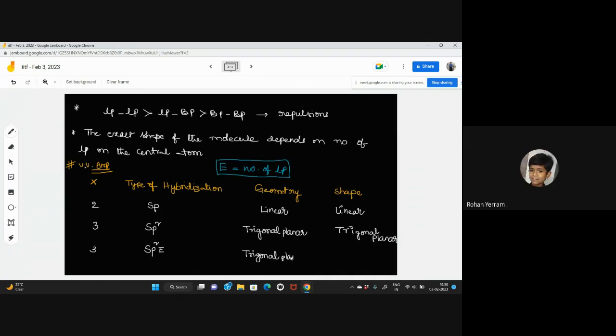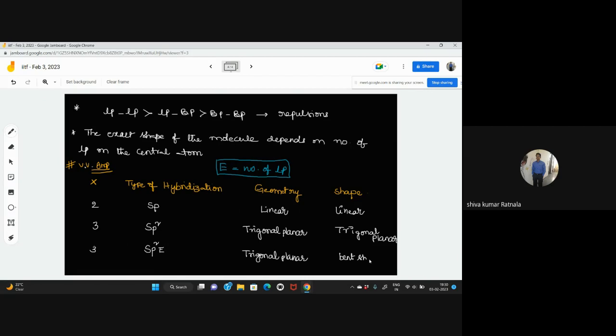The geometry is trigonal planar, but with one lone pair the shape changes. The shape will be bent shape.